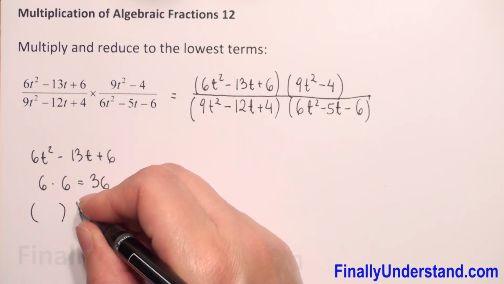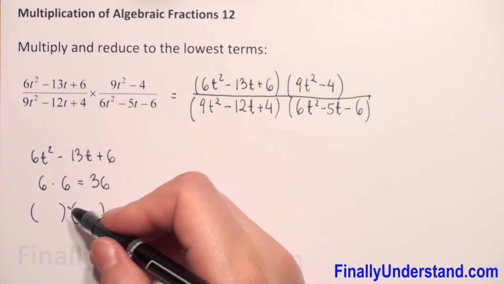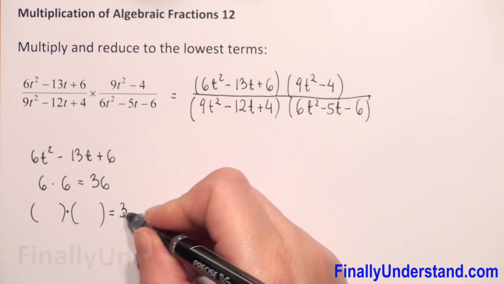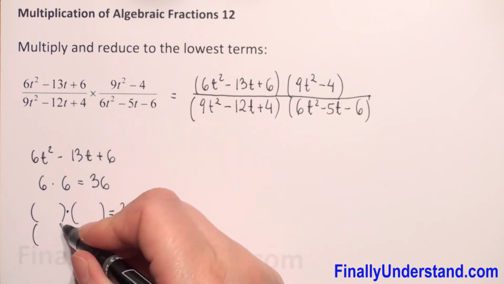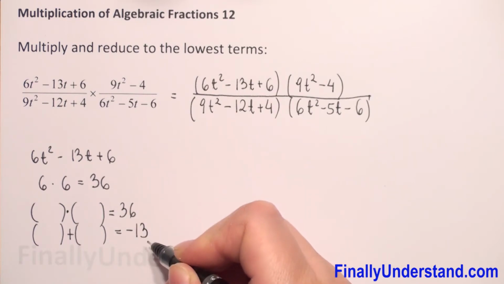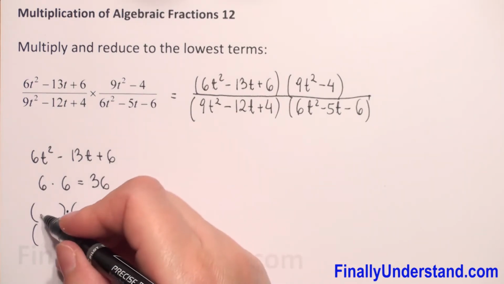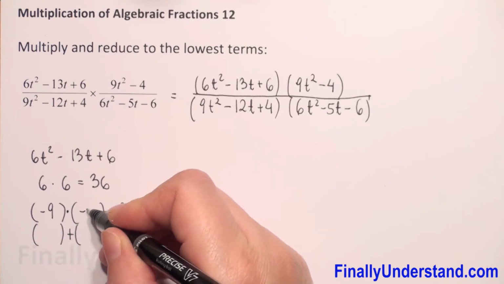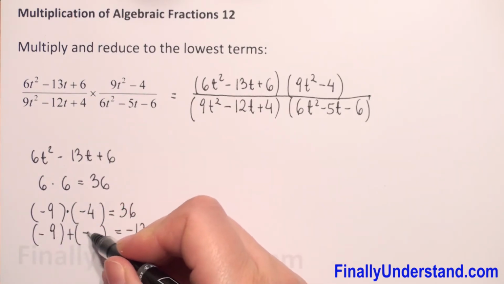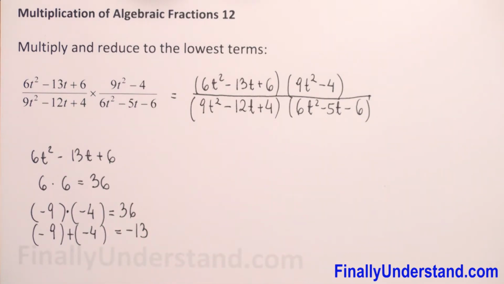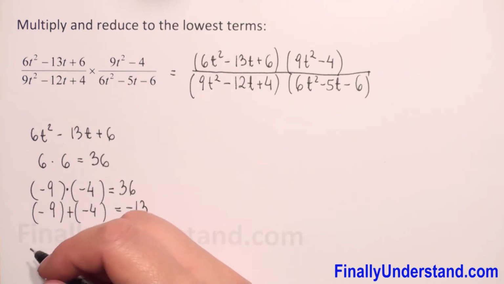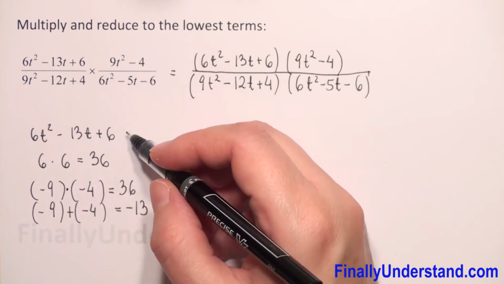So we need two numbers. When I multiply them, I have to have 36, and when I add them, I will have negative 13. It will be negative 9 and negative 4: negative 9 times negative 4 is 36, and negative 9 plus negative 4 is negative 13. So now we can rewrite our general quadratic trinomial.